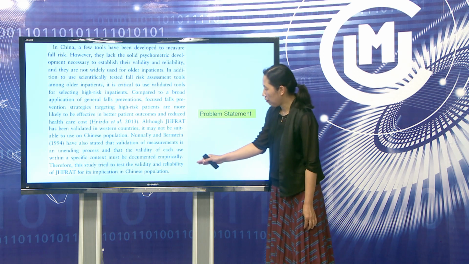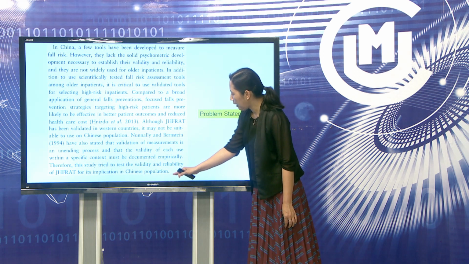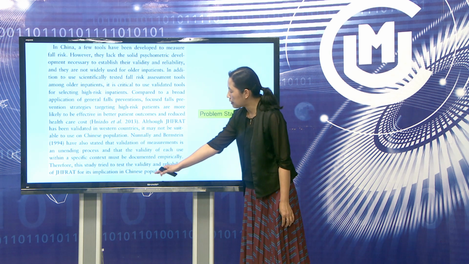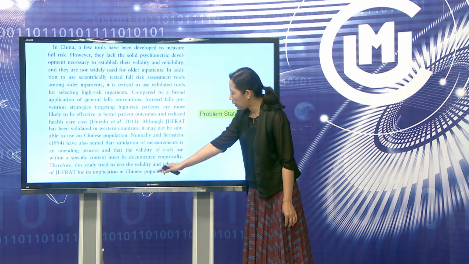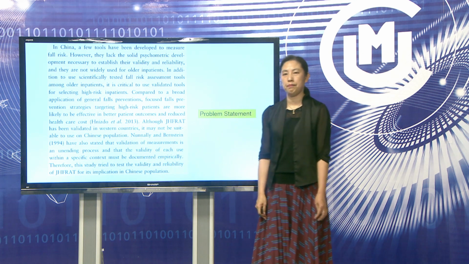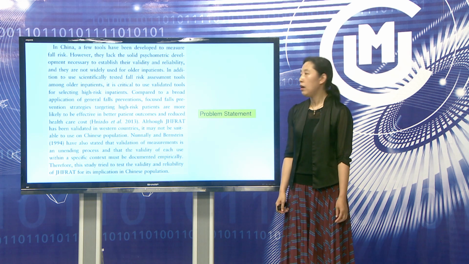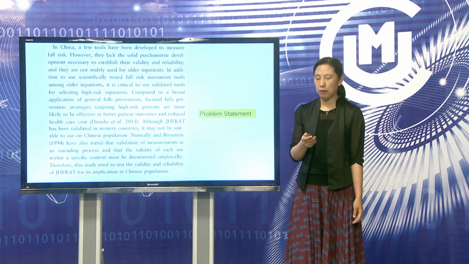Therefore, this study tried to test the validity and reliability of the Johns Hopkins fall risk assessment tool for its implication in the Chinese population. This example just gives us some ideas on how to write down the research problem.